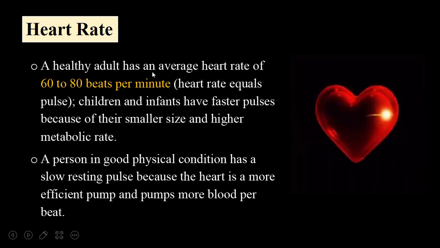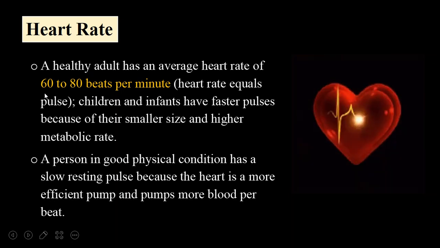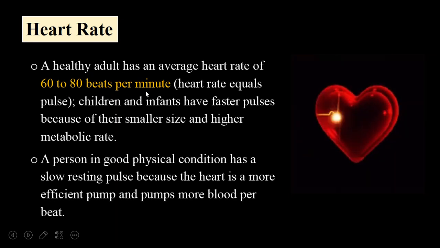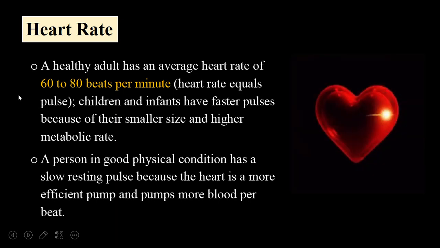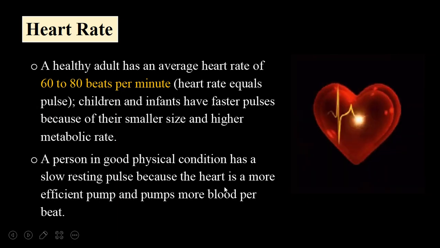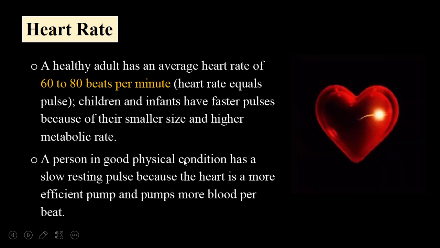In adults, the average is 60 to 80 beats per minute because our heart is bigger and our metabolic rate is slower. A person in good physical condition has a slow resting pulse because the heart is a more efficient pump and pumps more blood per beat.